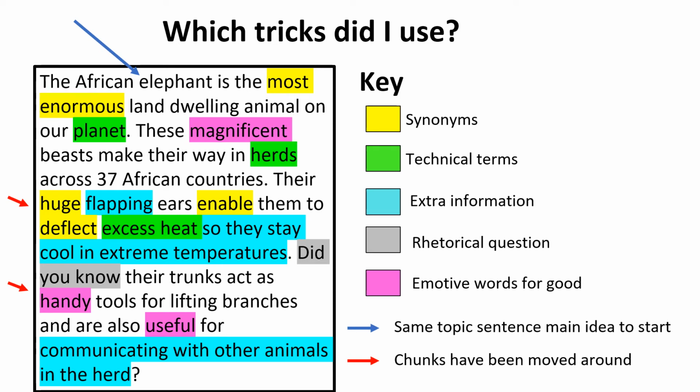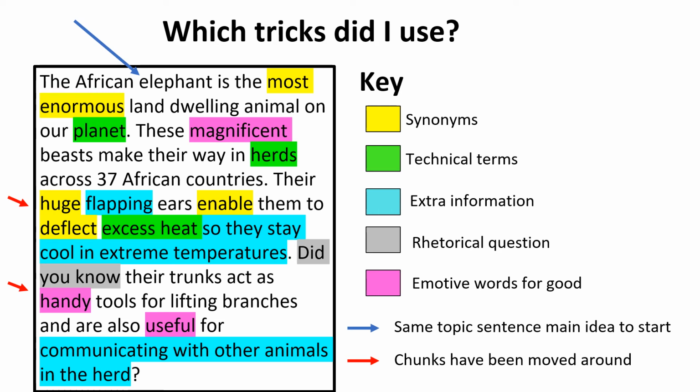But you can see wherever the yellow is that I put in synonyms to change it up a bit. Now, whenever you can see the green highlight, that's when I'm keeping technical terms. And when you see blue highlight, that's when I added in a whole lot of extra words so that it's not looking like it did on the internet.